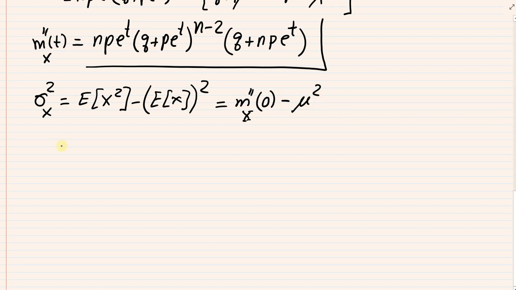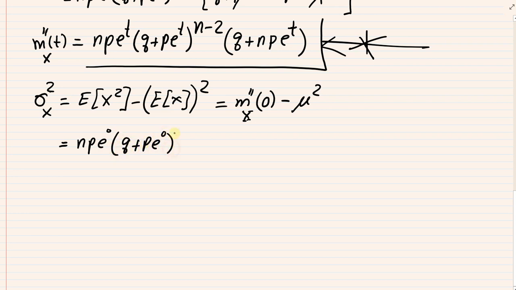So, second moment at 0. So we're going to put a 0 in for t in this expression. Okay, so this becomes np, and then of course it's going to be e to 0 times q plus p e to 0 to the power of n minus 2 times q plus np e to 0.